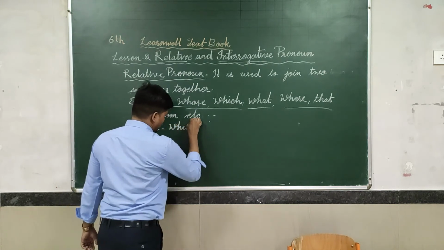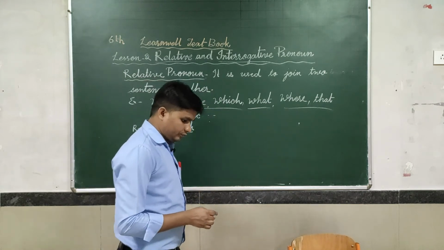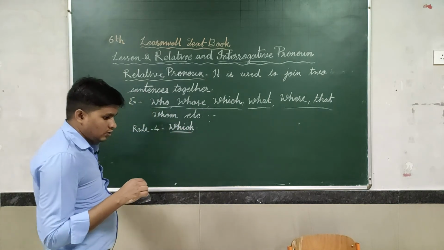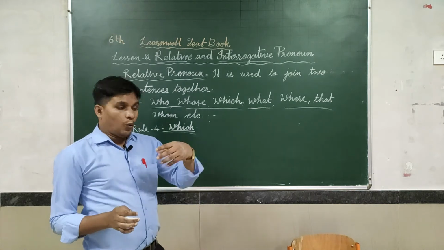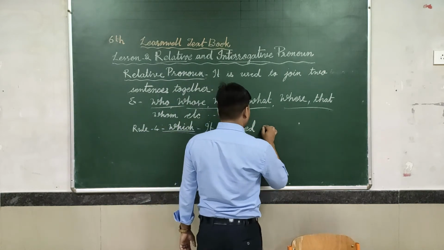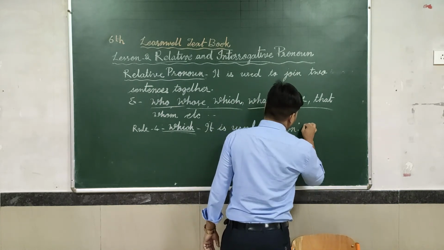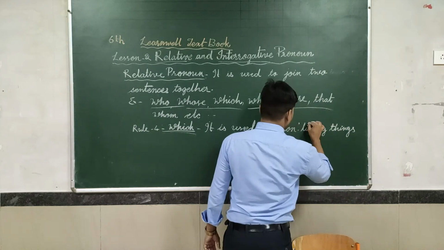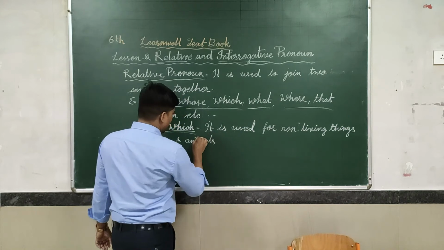Where do you have to use it? Generally it is used for non-living things and animals. Rule 4: "which" is used for non-living things and animals. Okay.